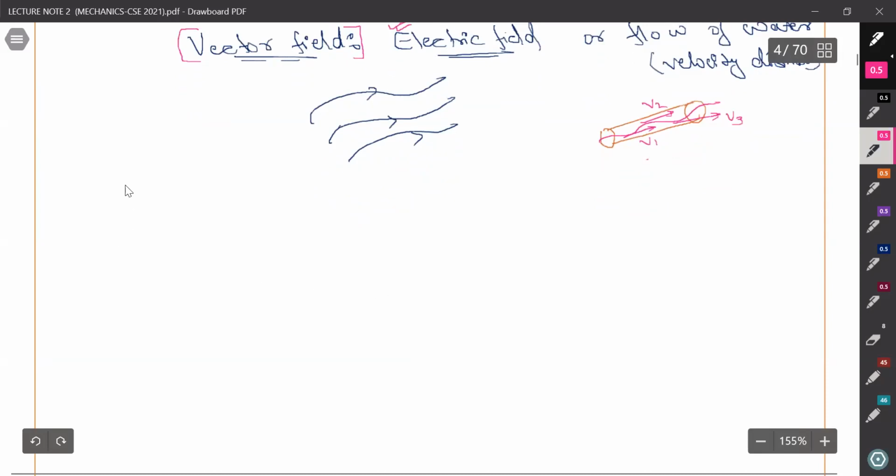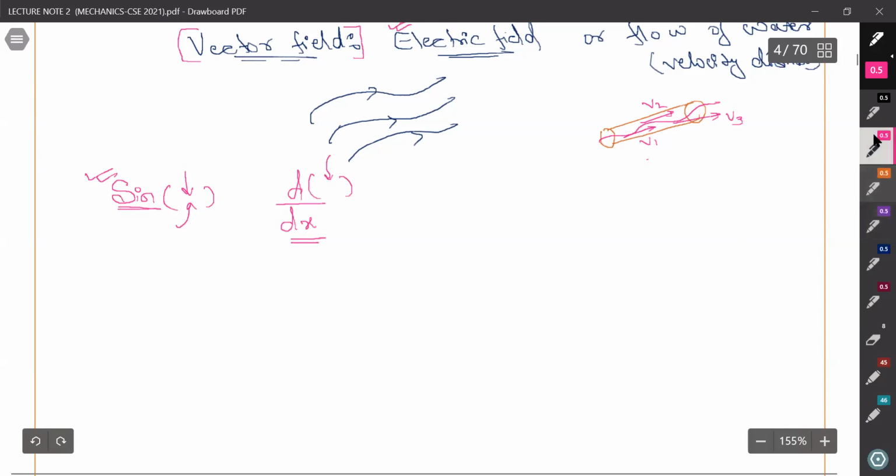Now we are going to study an operator. For example, we have studied sine in our basic classes. Sine is an operator. If we put any angle here, it gives its sine value. Similarly, if we put something here, it will differentiate it with respect to x.